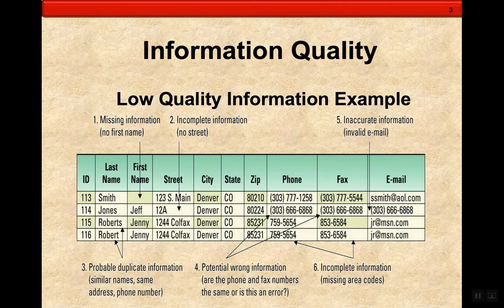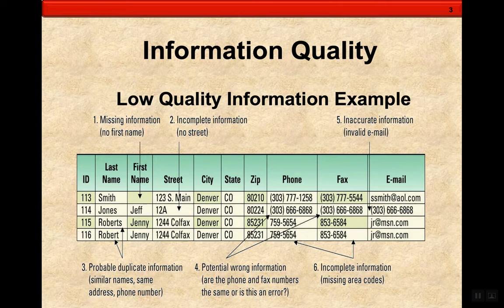As we look at this data and information, there is a question of what is the quality of the data. When we talk about the quality of the data, we're talking about the accuracy, or the correctness of data. If you look at a set of records, you can have holes in them.